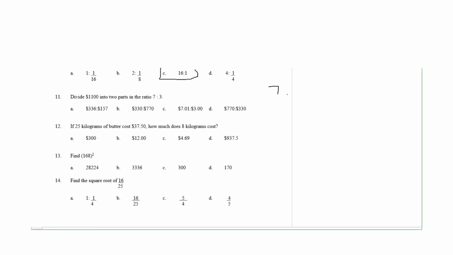So the first part, 7 out of 10 times 1100. We cancel out here. So that's 7 times 110. That gives us 770. So right here you can see that our answer is D.